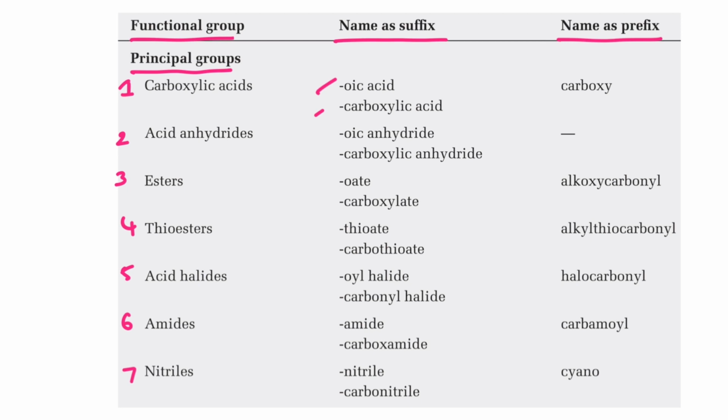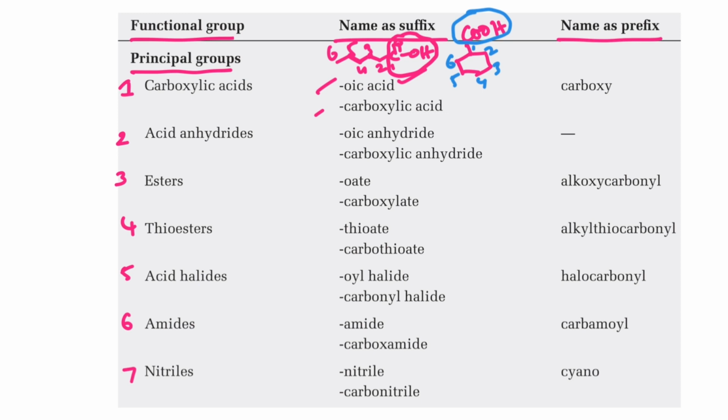For example, C double bond O OH. So this is 1, 2, 3, 4, 5, 6. So this COOH carbon is counted, therefore we have to use oic acid. If I choose it like this, COOH, then the principal carbon chain is 1, 2, 3, 4, 5, 6, and this COOH carbon is not counted.